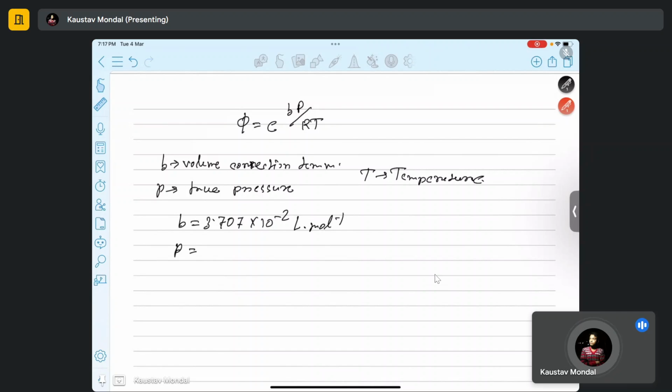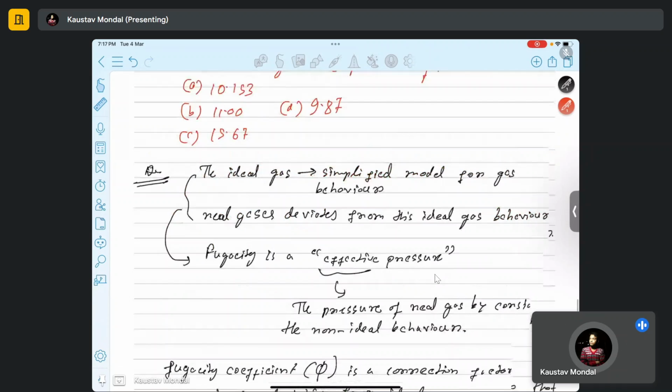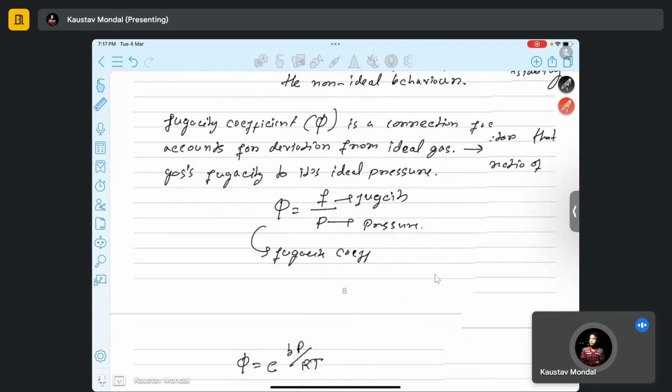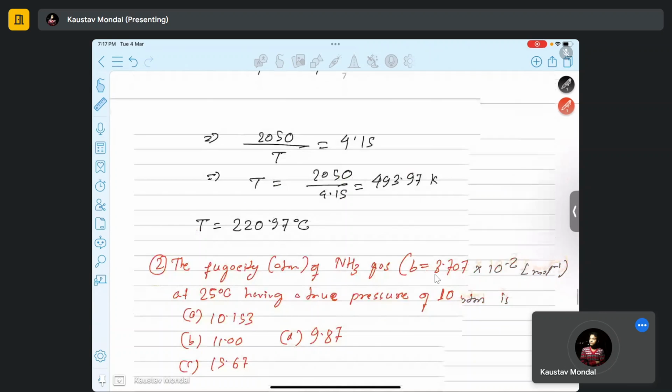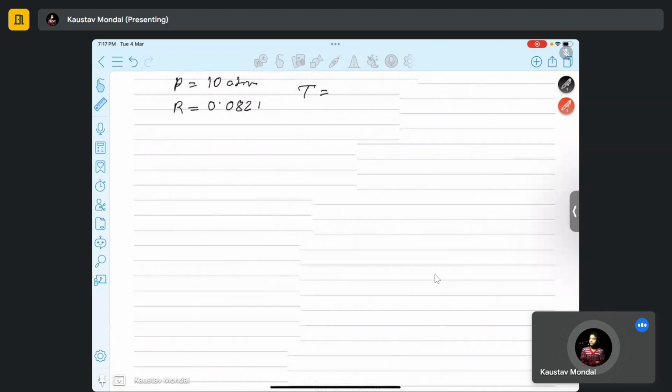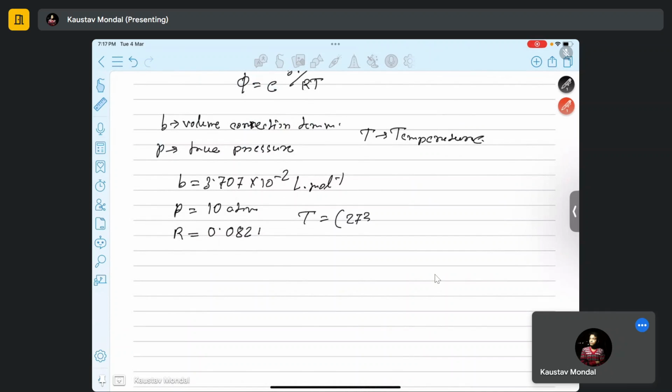P is the true pressure, given as 10 atm. R, the ideal gas constant, you can use in liter atmosphere format, so 0.0821. And temperature is 25 degrees, 25 means 273 plus 25 is 298 Kelvin.